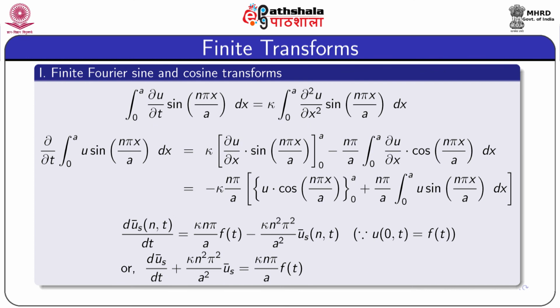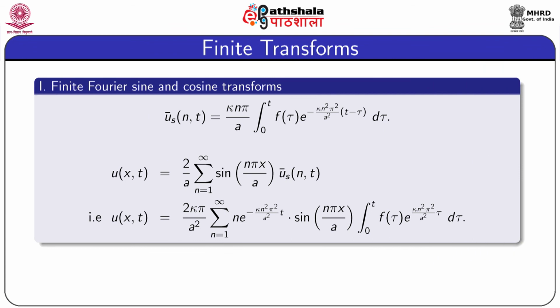So the solution of this equation can be obtained easily, and using the boundary condition we can write the solution as u_s bar equals kappa n pi by a integration 0 to t f(tau) e to the power minus kappa n square pi square by a square (t minus tau) d tau.